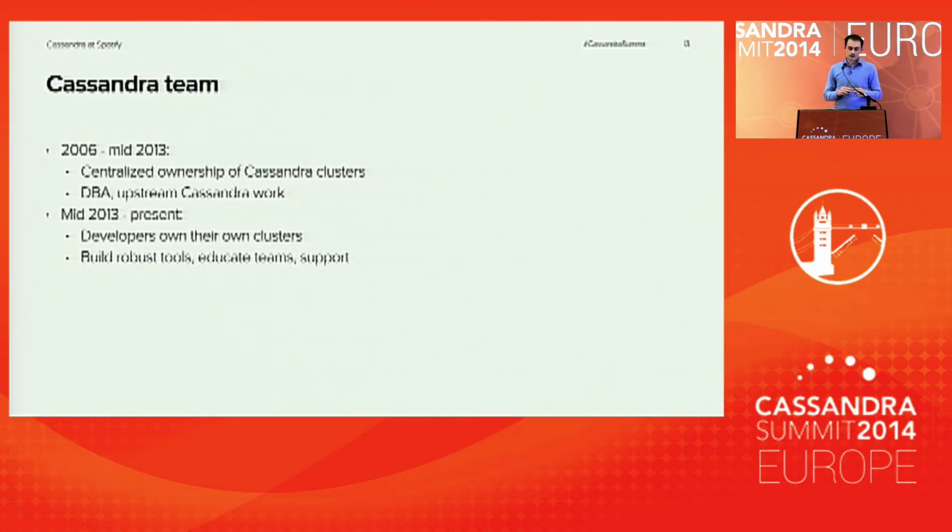After this change in operational responsibility, suddenly the feature teams were now responsible for their Cassandra clusters. And we, the Cassandra team, were now instead responsible for building proper tools, educating, and providing support for the teams so they can operate their Cassandra clusters.